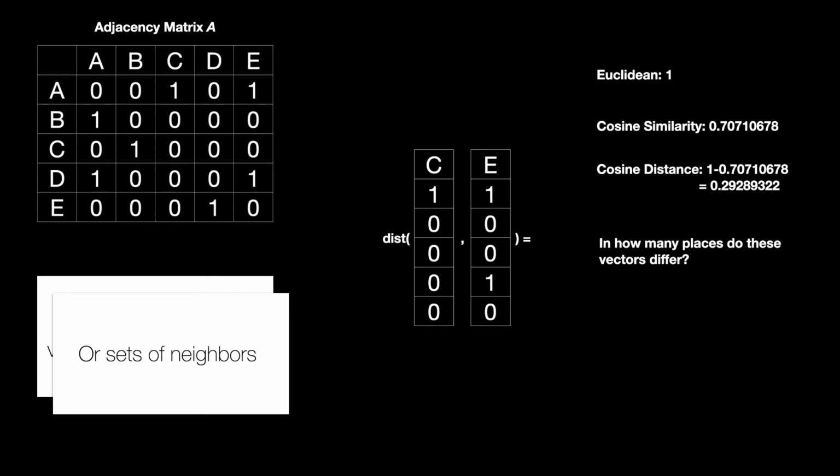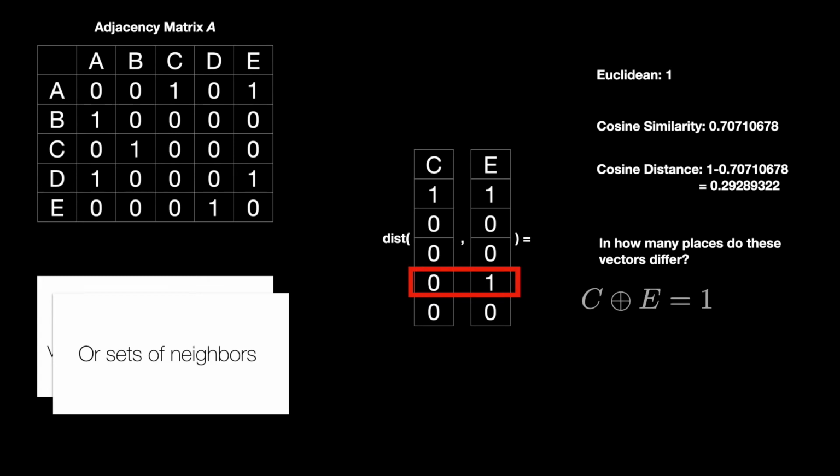But maybe we want to ask a different question. How many places do these vectors differ? That might be another way you might think of distance. And we can evaluate this using the exclusive OR bitwise operation. So we just take the XOR between our C vector and our E vector. They only differ in this one particular row.